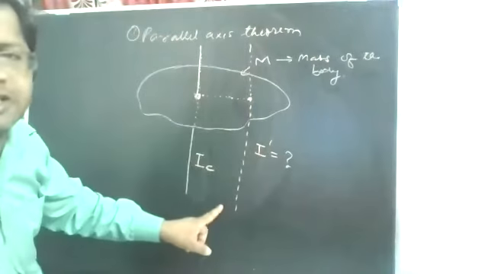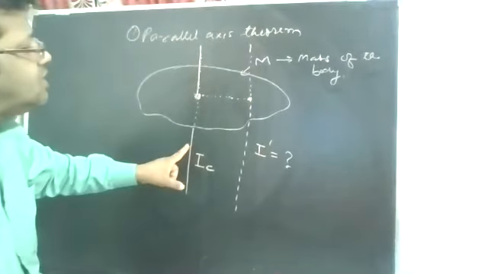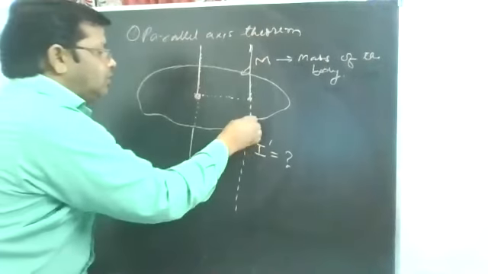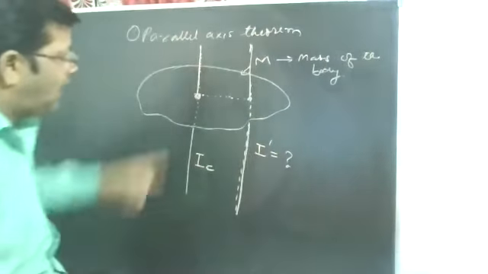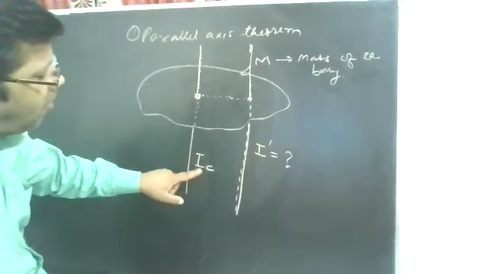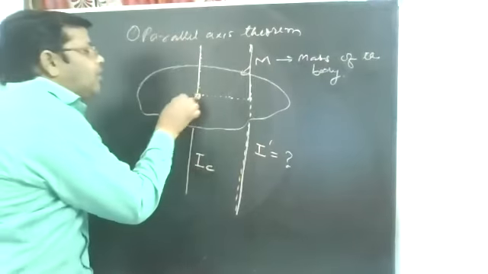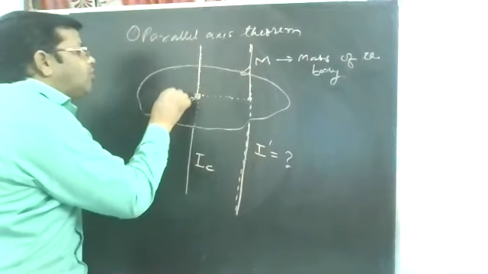And IC is the moment of inertia about the axis which is passing through the center of mass of the body.